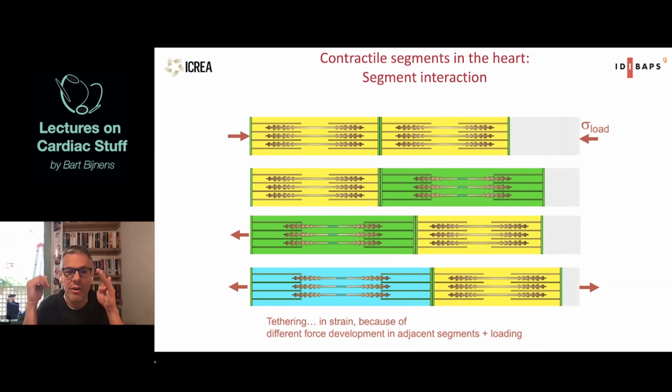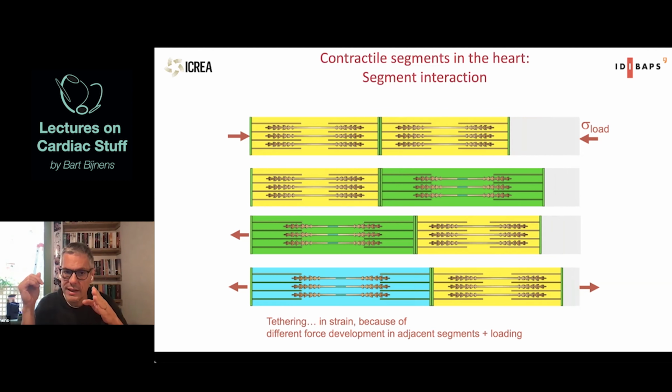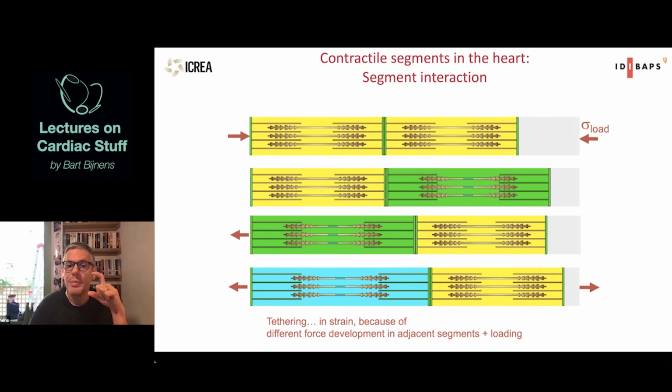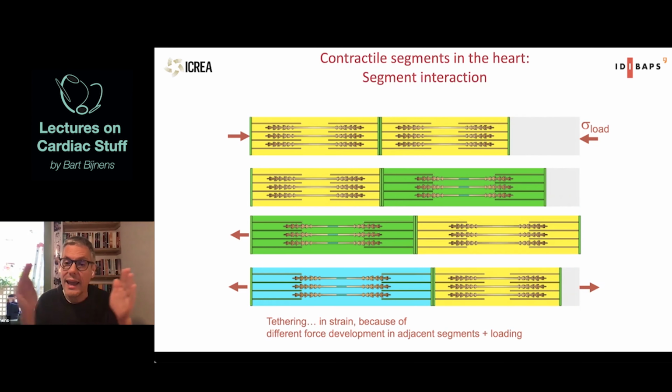They would call it normokinetic, meaning the kinetics is normal. It could be hypokinetic, which means that the deformation in the end is less. It could be akinetic, which means it's not deforming at all, or it could be dyskinetic, which means that instead of shortening, it's actually lengthening during the cardiac cycle.